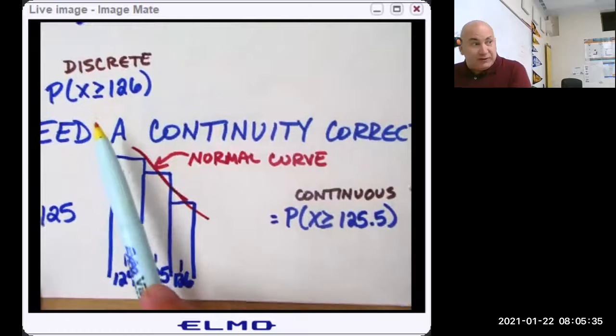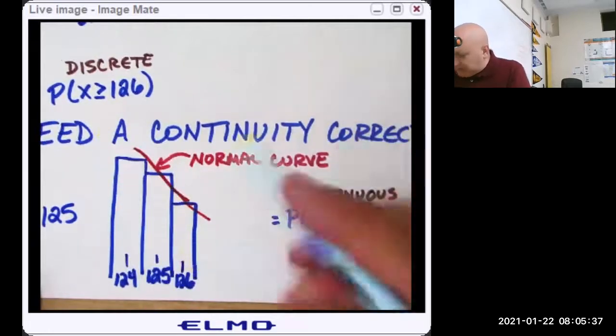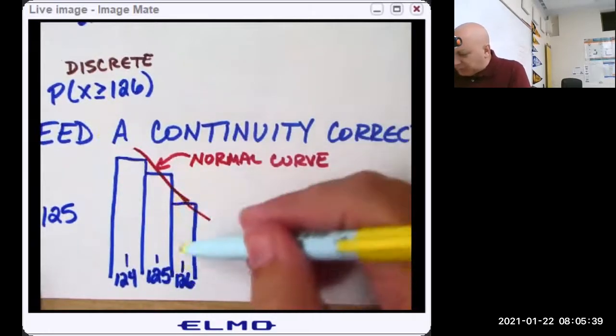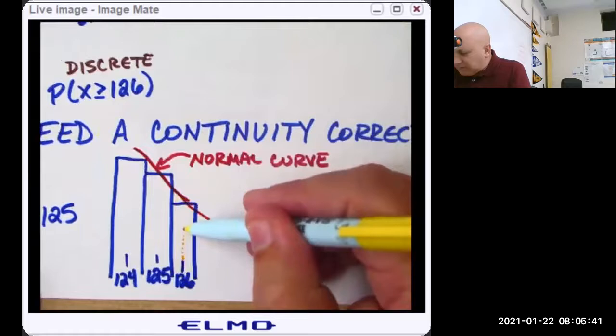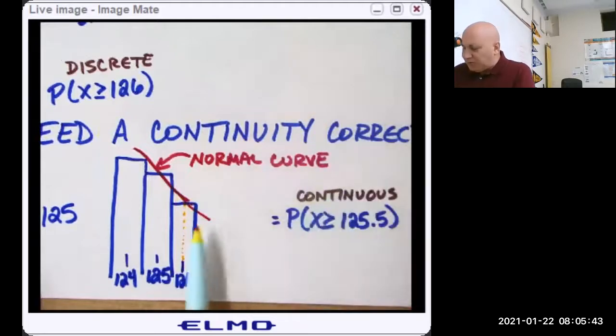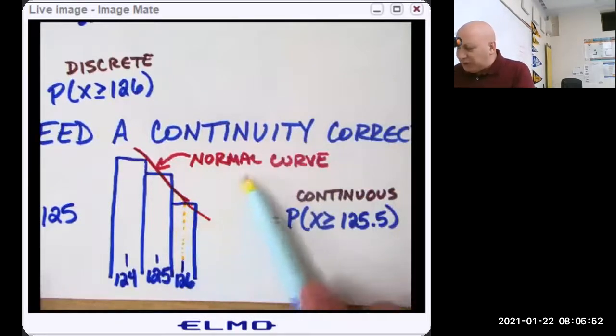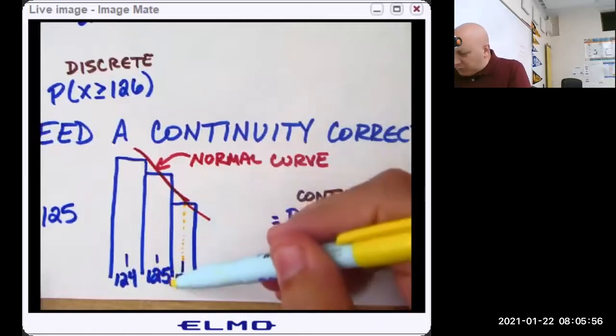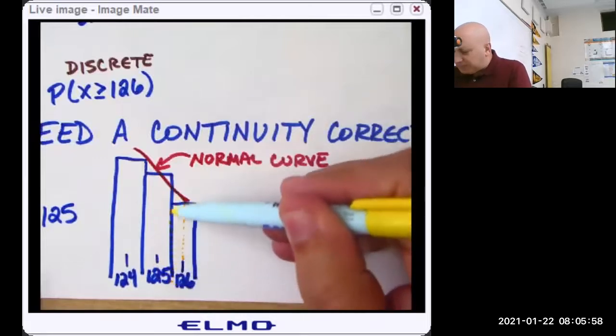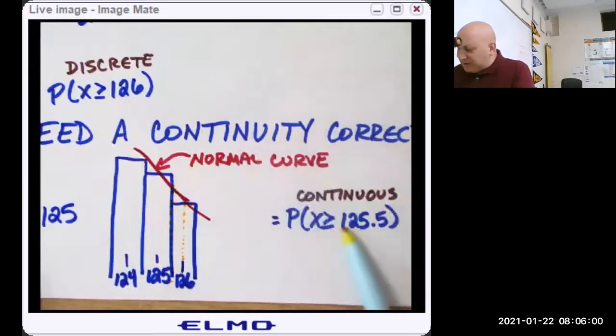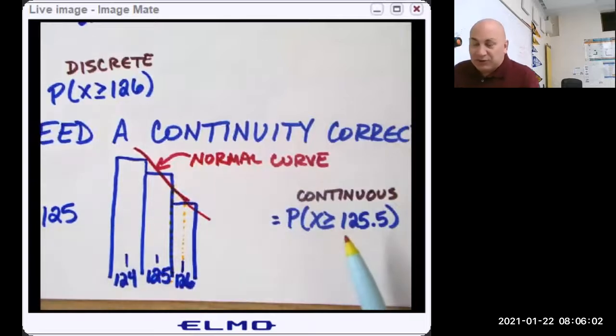If I want X greater than or equal to 126, the way I've got the rectangle centered on 126, if I did my normal curve, I'd only be getting part of this rectangle. I need to account for the other part of the rectangle. So for the continuity correction, I have to go halfway between these numbers, right here to this line. And that's going to be the continuous curve. I'm going to say 125.5.